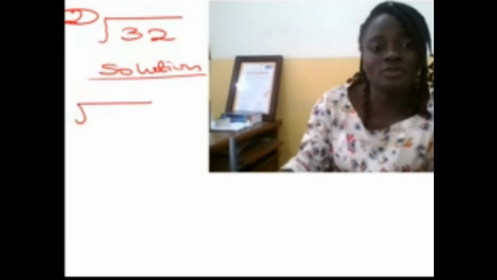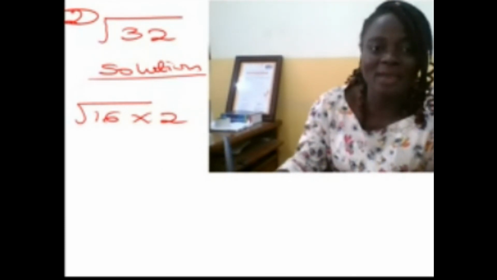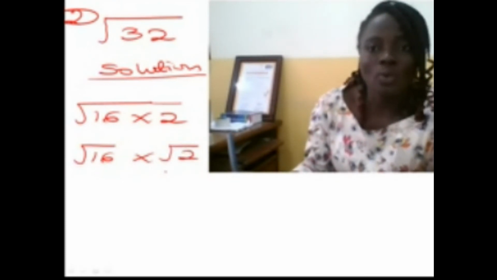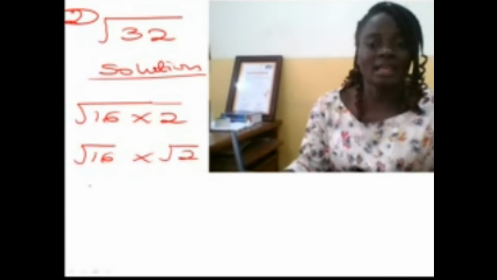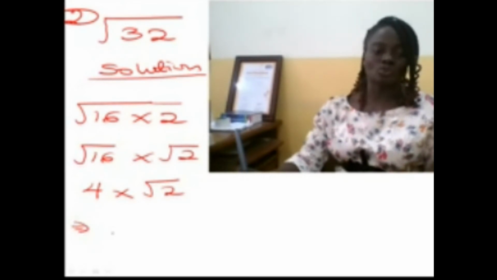It's going to give you square root of 16 times 2. 16 is a perfect square. So breaking this down will give us square root of 16 times square root of 2. What is square root of 16? That is 4. So 4 times square root of 2. So square root of 32 will give us 4 root 2.